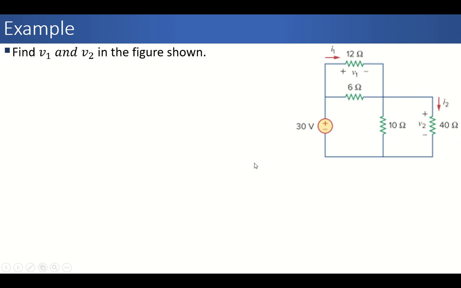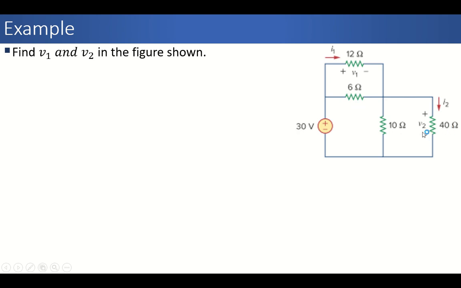So luckily we can see that this is a simple parallel and series circuit. Actually the 6 ohm and 12 ohm resistances are in parallel, so the voltage across them will be the same. If the voltage across the 12 ohm resistance is V1, the same voltage will be across the 6 ohm, so the voltage across the 6 ohm resistance is still V1.